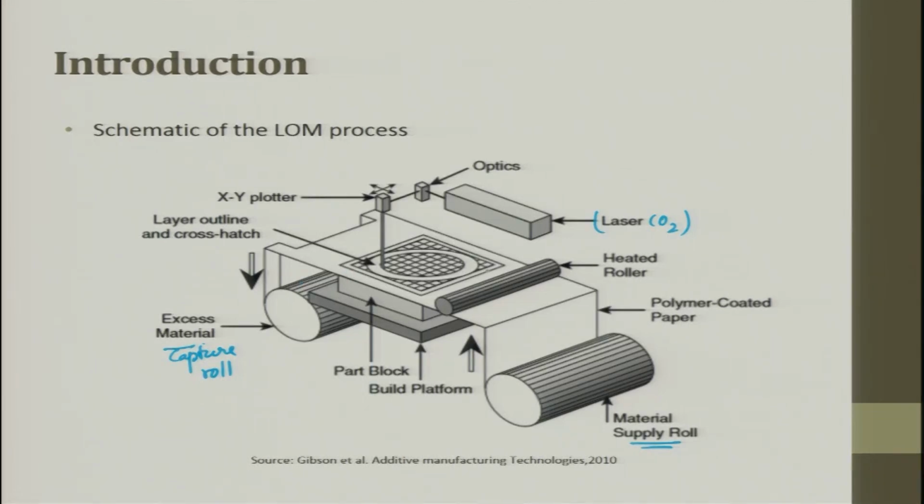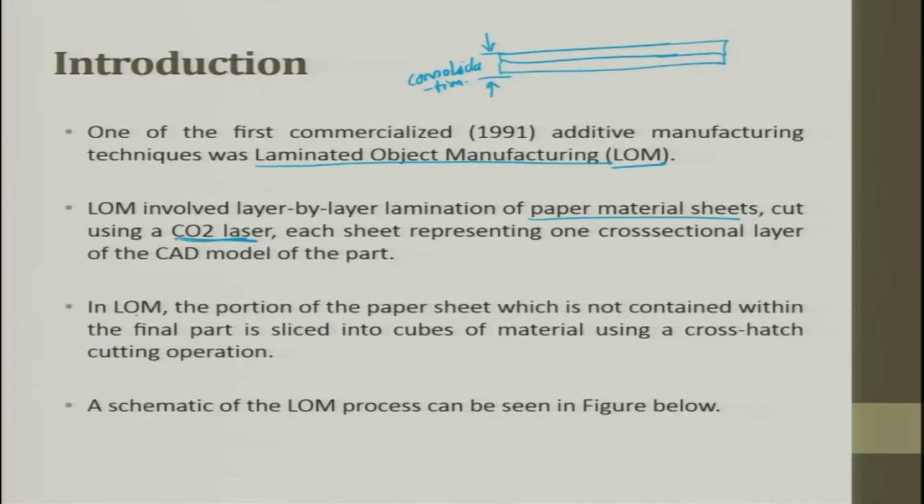Now you have these grids getting formed, and this is the information to be engraved in this layer. If you go back and look into the grid in LOM, the portion of the paper sheet which is not contained within the final part is sliced into cubes of material using a cross hatch cutting operation.